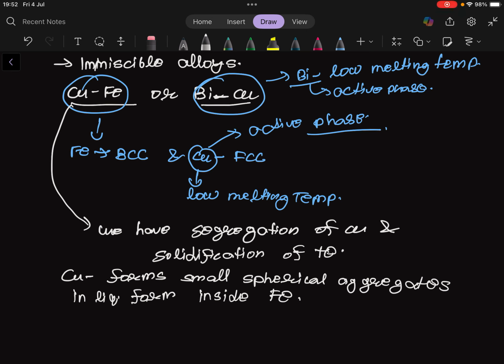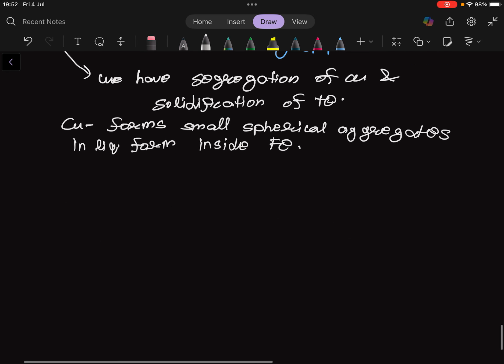So our PCM material will look something like this. I will draw the diagram.